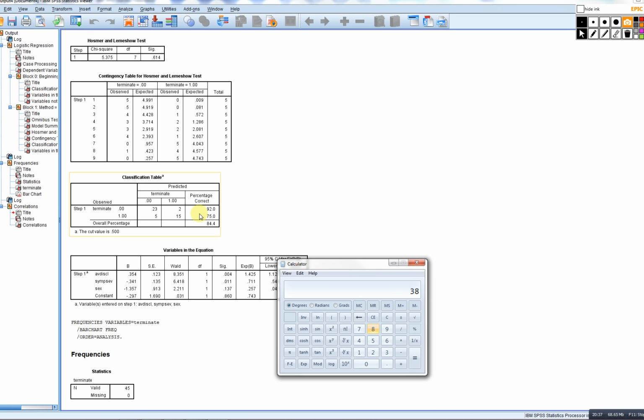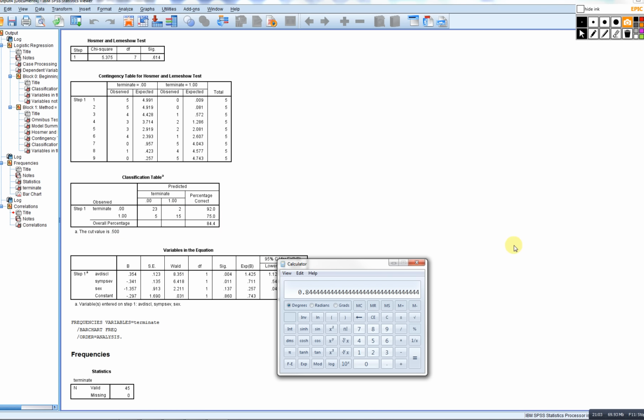Divide by, remember we had 25 in group 1 and 20 in group 2, so essentially that would be 45. Then that gets us an overall classification accuracy rate of 84.4%. So really the remaining 15.6% are these guys right here that were misclassified.